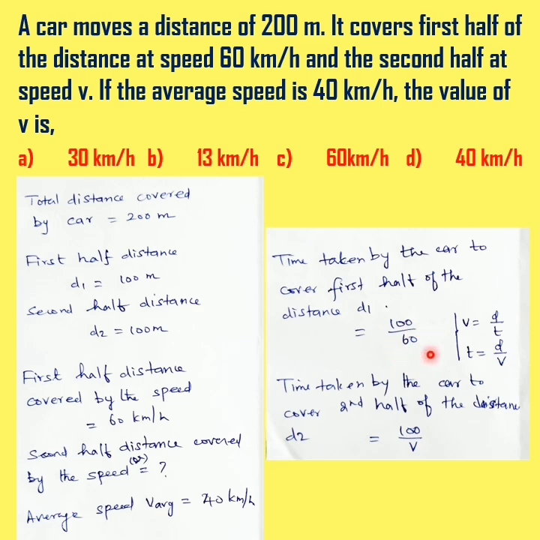Now the second half of the distance is covered by the car. In how much time? The time taken by the car to cover the second half of the distance, d2, is 100 divided by v, because we don't know the velocity of the car in the second half of the distance.